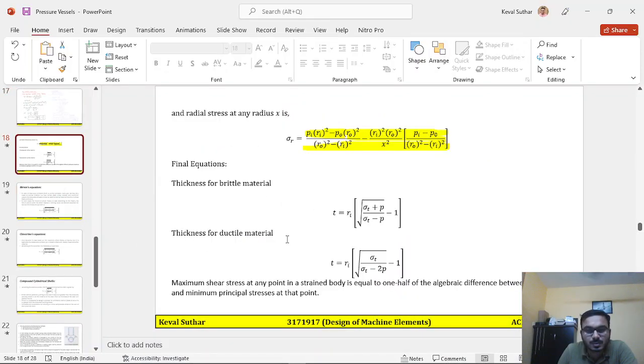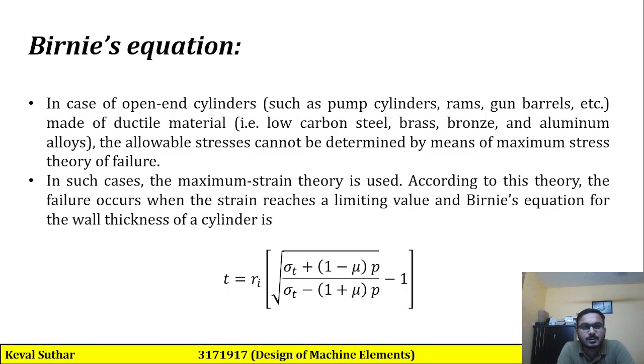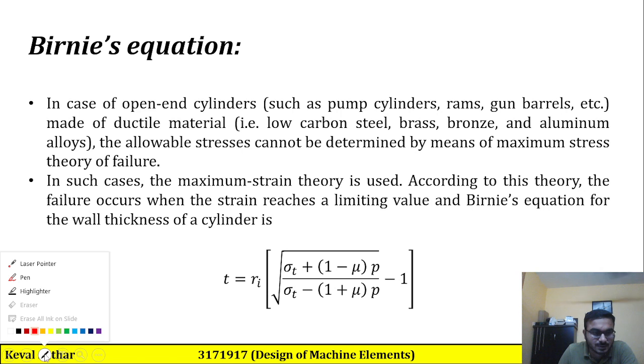So now we will move forward with our next theory, that is Bernoulli's equation. Now these are just standard equations which are given as they are. So in case of open end cylinders such as pump cylinders, rams, gun barrels, etc. are made of ductile material like low carbon steel, brass, bronze, and alloyable aluminum alloys.